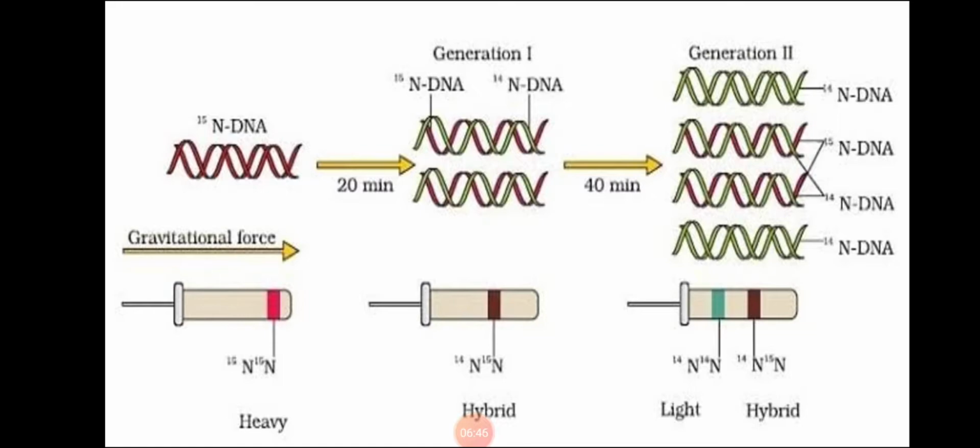We can see this further in the next generation, generation 2, which happens after 40 minutes, because the first generation was after 20 minutes, so the second generation takes place after 20 plus 20, as each cycle is of 20 minutes, because E. coli bacteria multiply every 20 minutes. So the DNA present in E. coli will also multiply in 20 minutes.